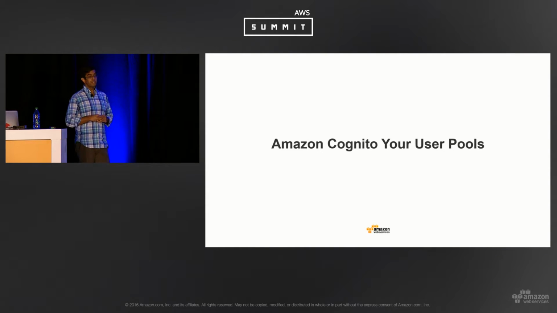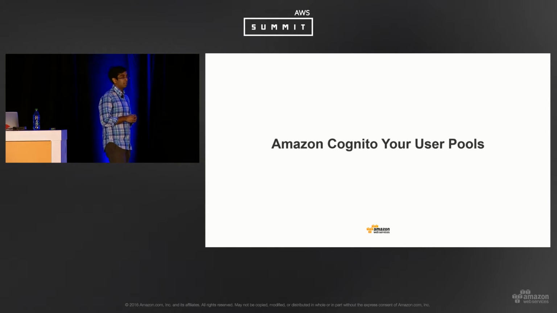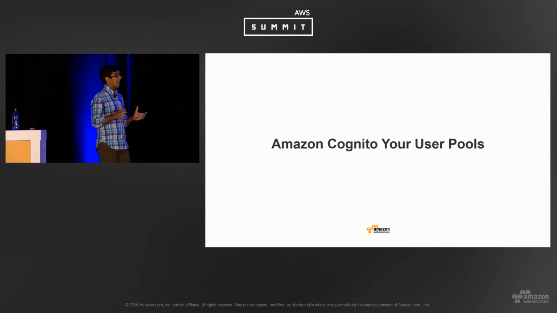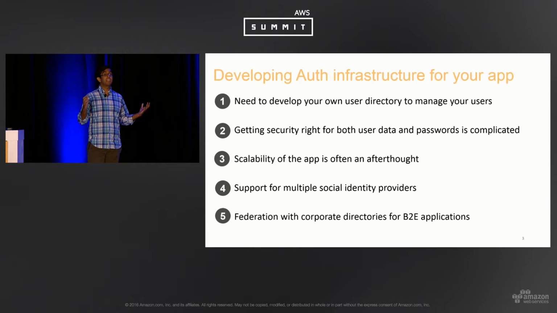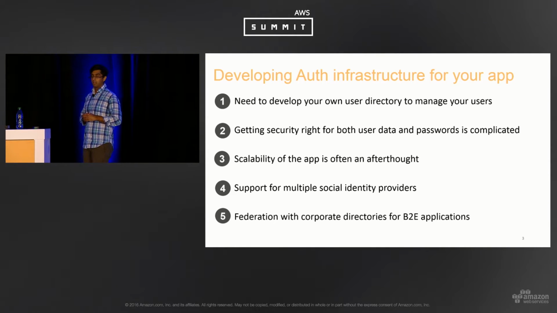Managing the user data and the user passwords in particular in a secure manner is a very complicated process. Number 3, scalability of the app is often an afterthought. You want to get your core functionality out the door as quickly as possible, and making sure that your auth infrastructure is scalable for your eventual needs is just not worth the time to spend up front.